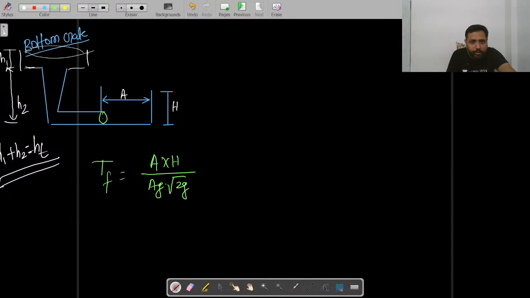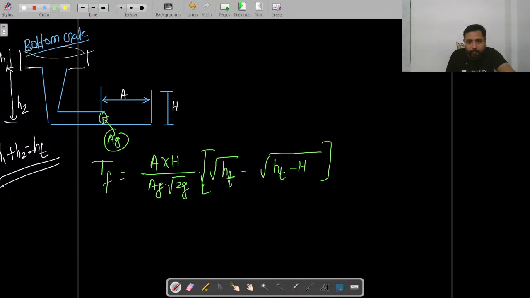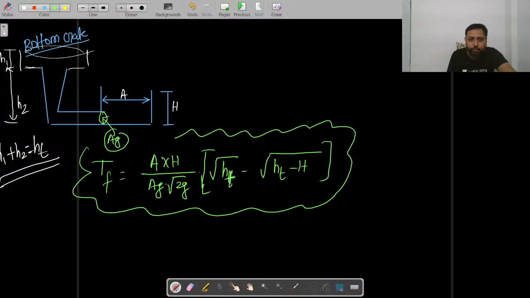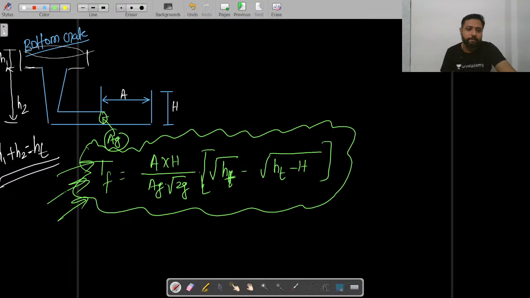This is your Ag, the area at the gate, multiplied by square root of ht minus square root of ht minus capital H. This you remember. This already I have proved, right? How does it come? So this you can remember for your bottom gate system. Chalo.